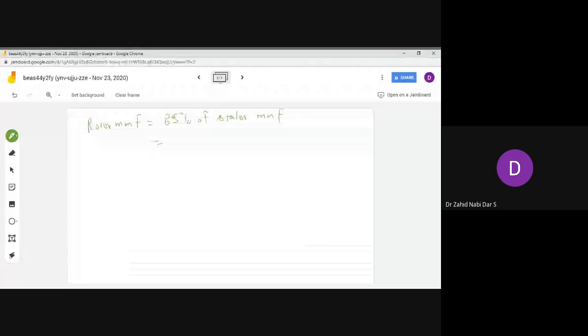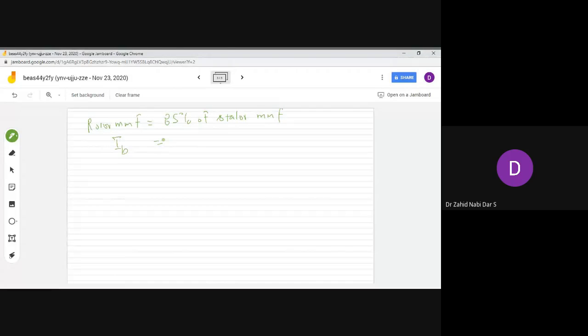So I can write down the rotor bar current as in yesterday's class, what we had done. Do it like that only. IB would be equal to 0.85 into IS TS divided by SR.